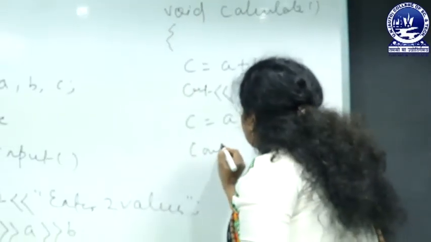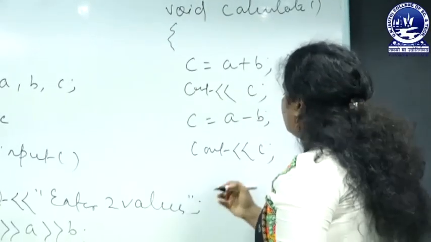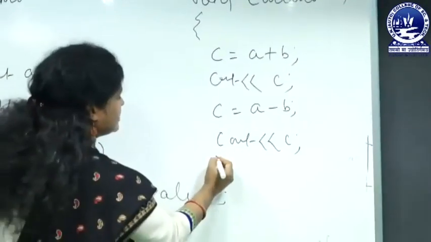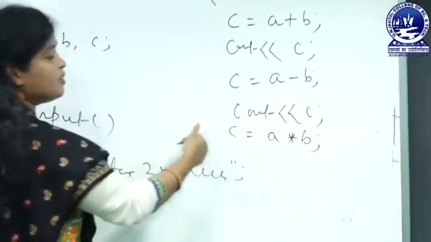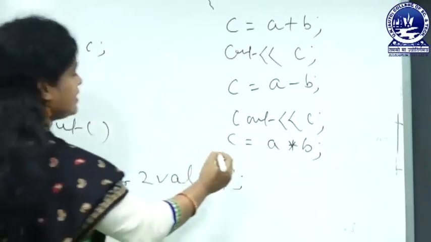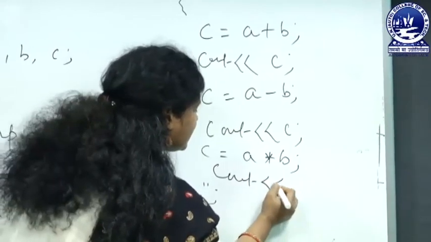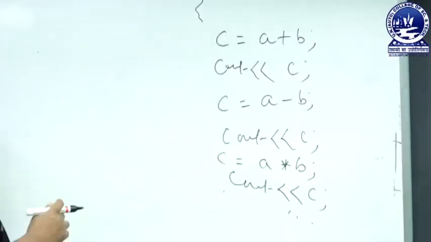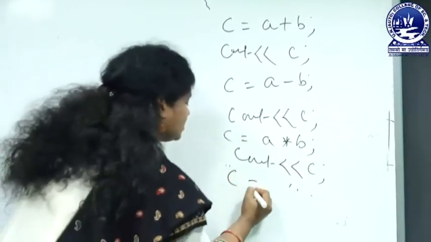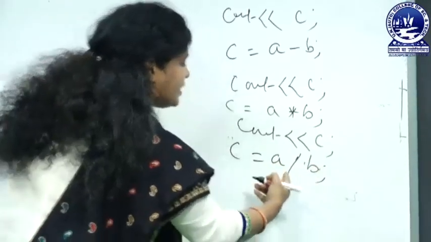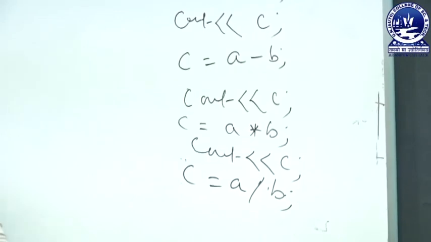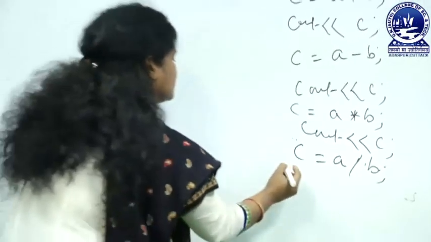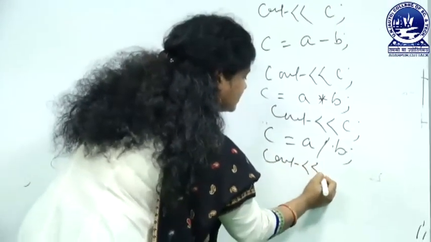Then cout C. Next is C equal to A into B. It is the multiplication operator. We are displaying the output cout C. Next is C equal to A divided by B. It is the division operator and it displays the division result. Okay, so cout C.